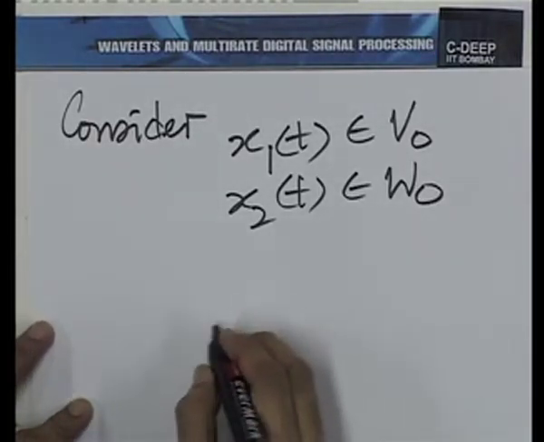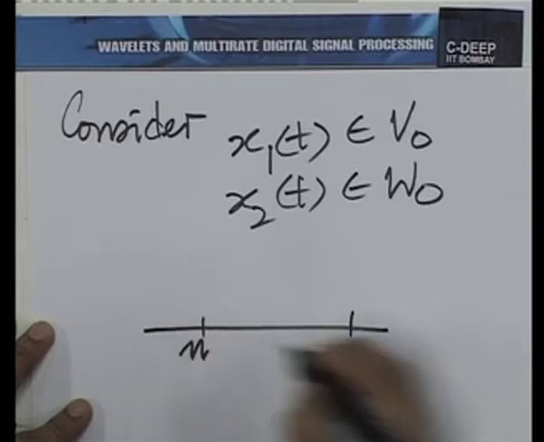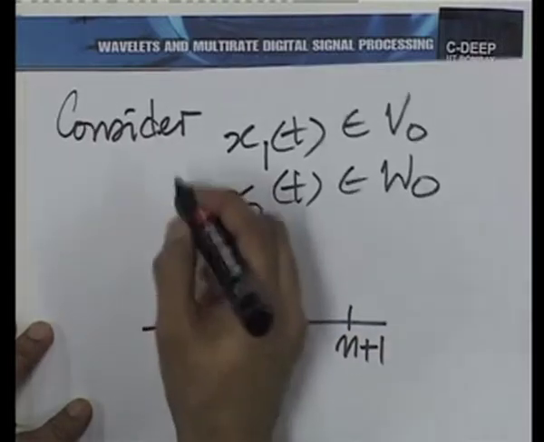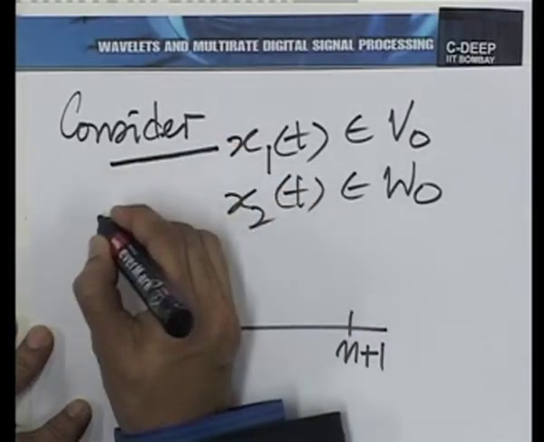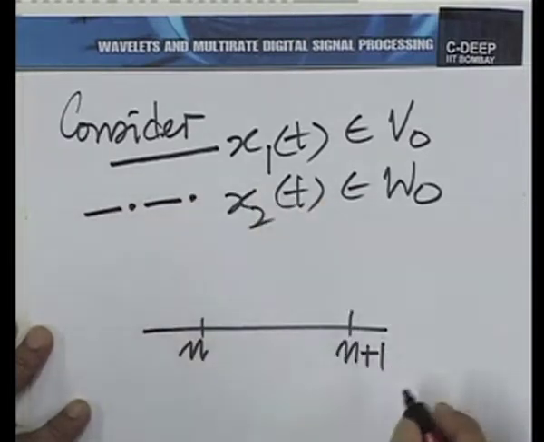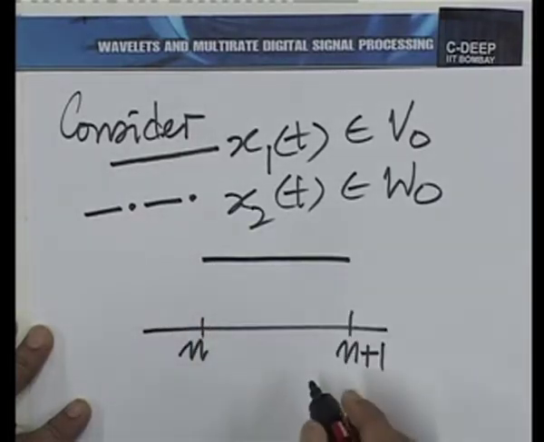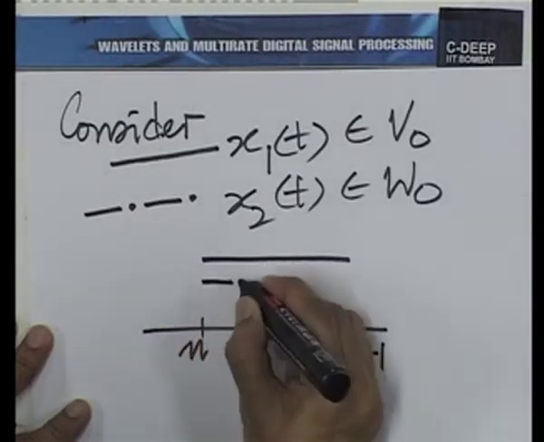Let us focus our attention on a particular interval, let us say n to n plus 1. Let us draw the function x1 t by a solid line and this one by a dot dash line. What would a typical function look like? The x1 t function would look like this, and the x2 function might look something like this.